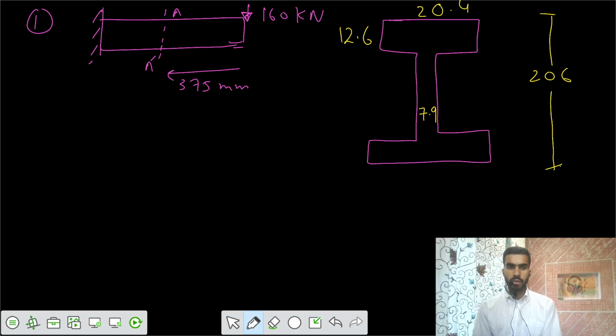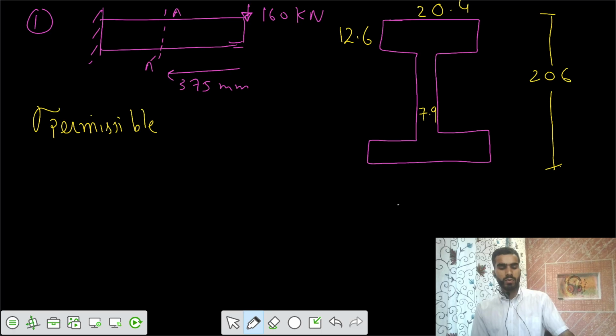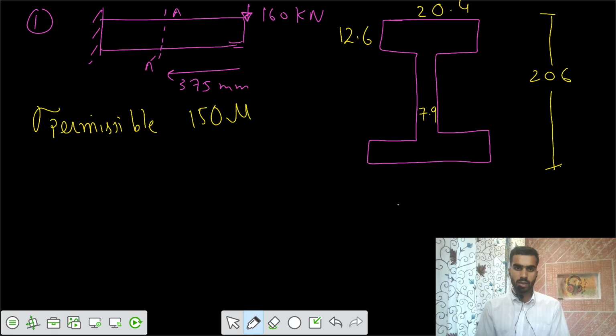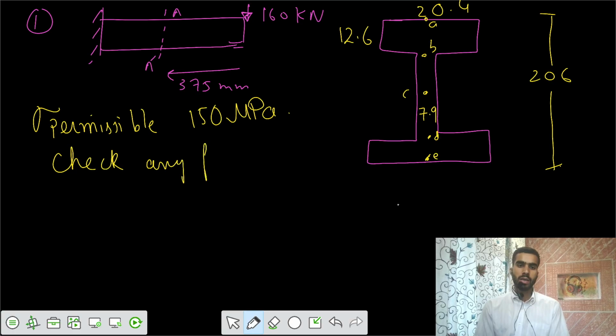It's given that sigma permissible, the maximum normal stress we can have, is equal to 150 megapascal. Let's say this is A, B, C, this is D, this is E. You want to check whether any point is having stresses greater than sigma permissible.